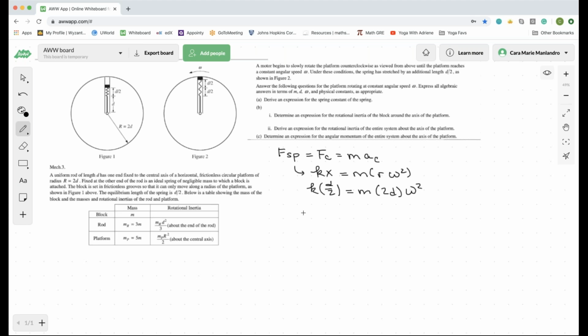And then we're solving for k. Note that the d's would cancel. So k is going to be equal to 4m omega squared. All right, that's not super easy. Definitely not easy.